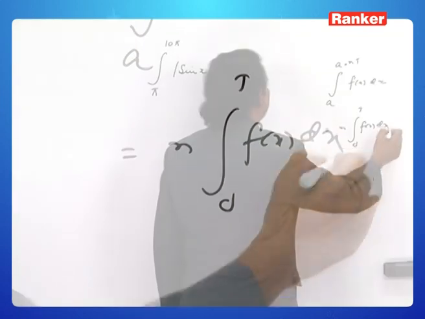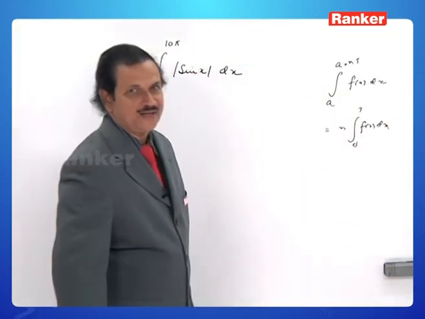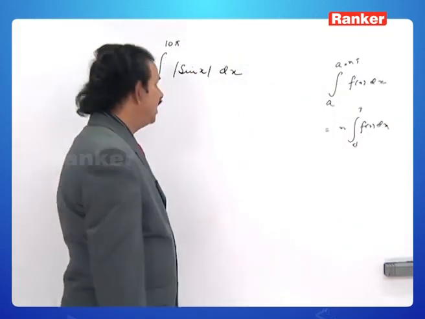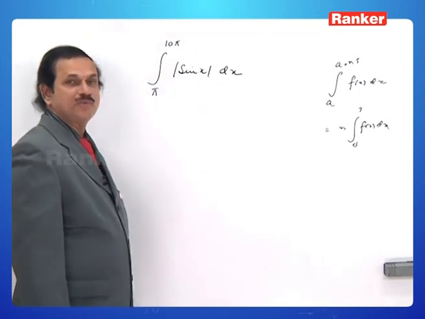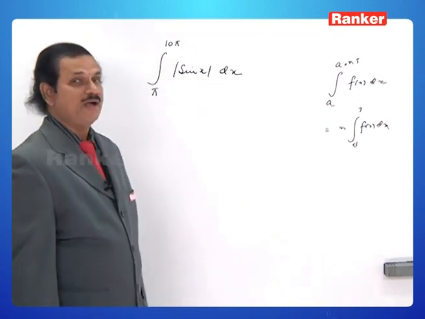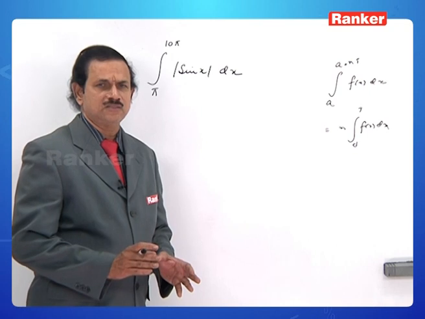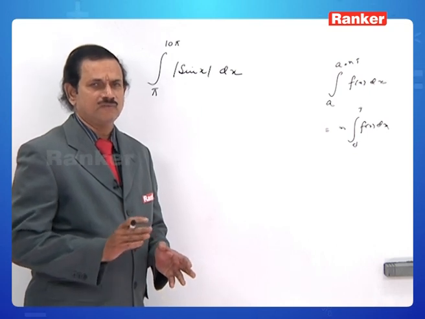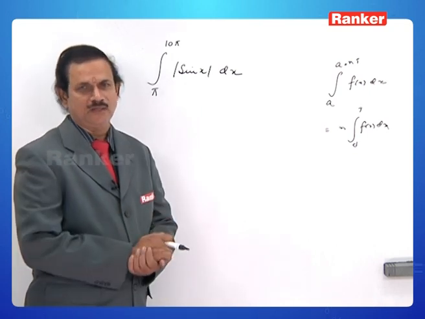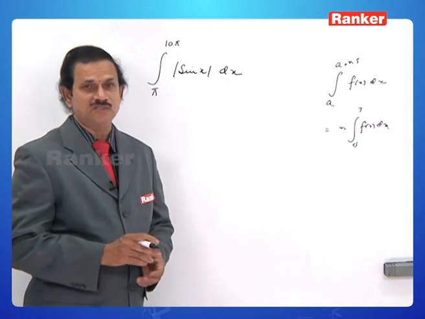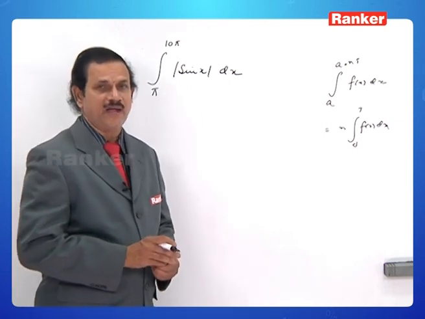A beautiful formula is there regarding periodic functions, and here mod sin x is periodic with period pi. Sin x is periodic with period 2 pi. Mod sin x is periodic with period pi.